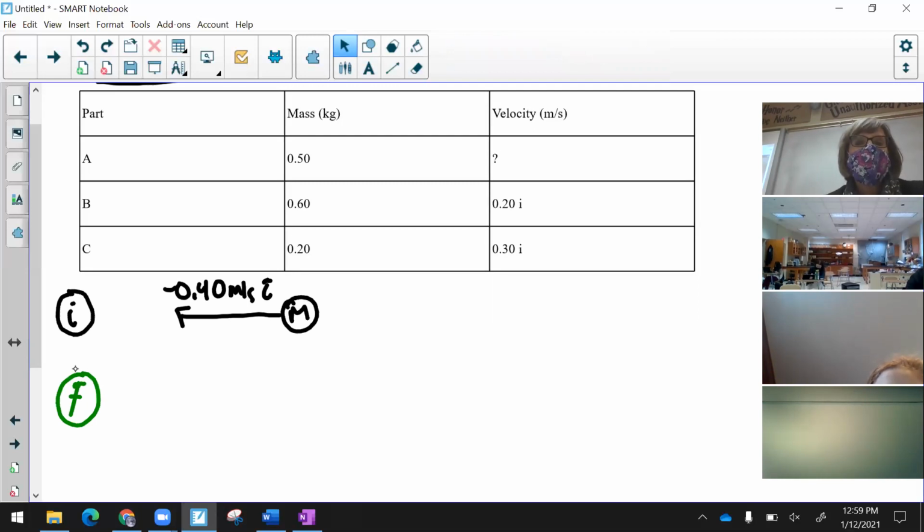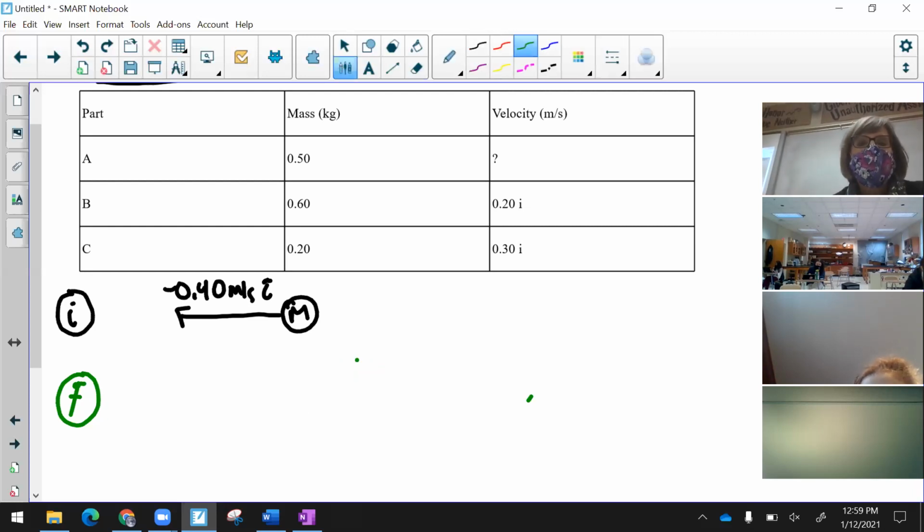And then in my final case, particle B is moving that way at 0.20 meters per second i.